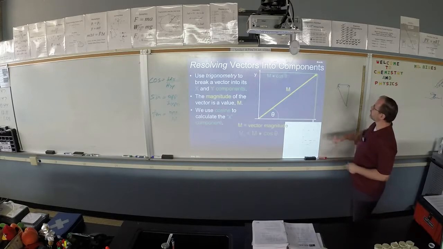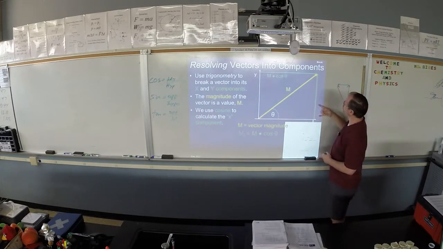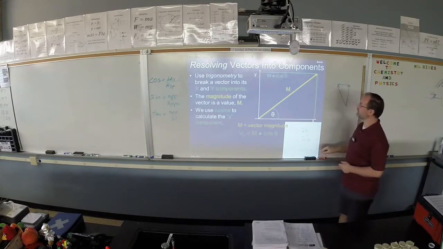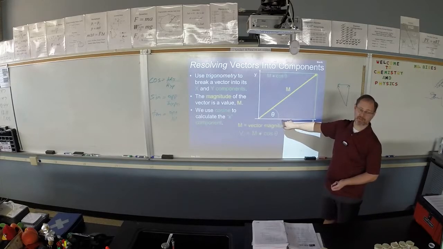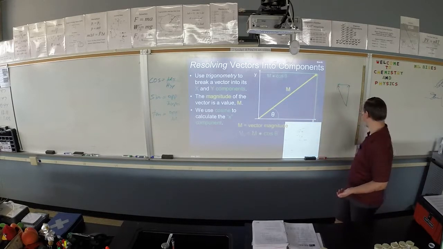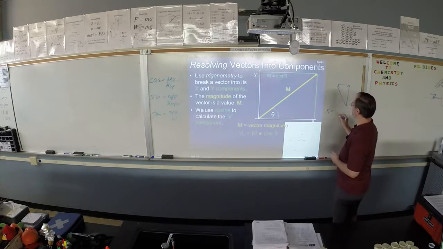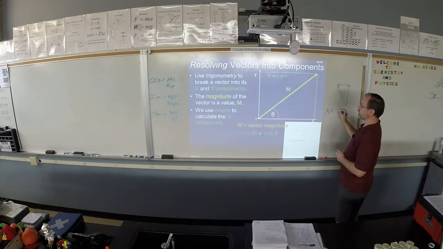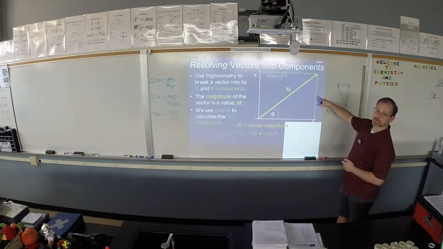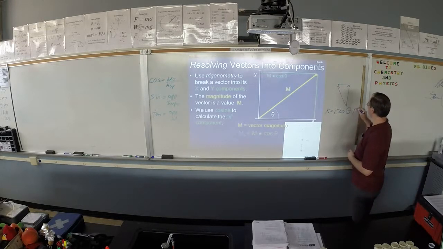Okay, so since we're breaking this vector into its components, a y leg and an x leg, our x leg is the adjacent leg, and the magnitude is going to be our hypotenuse. So the x value is just going to be the cosine of theta times the magnitude.